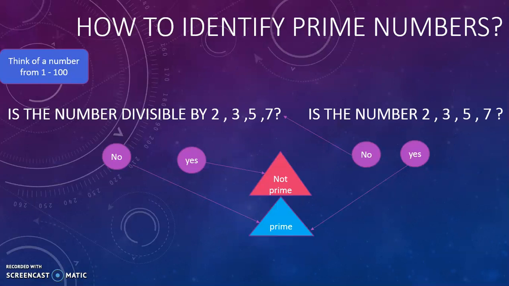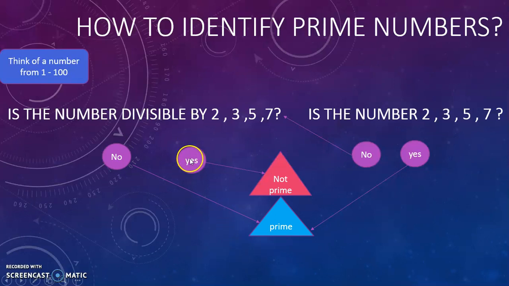And 13 divided by 7 is 1, remainder 6. So 13 is not divisible by 2, 3, 5 or 7. So 13 is a prime number.